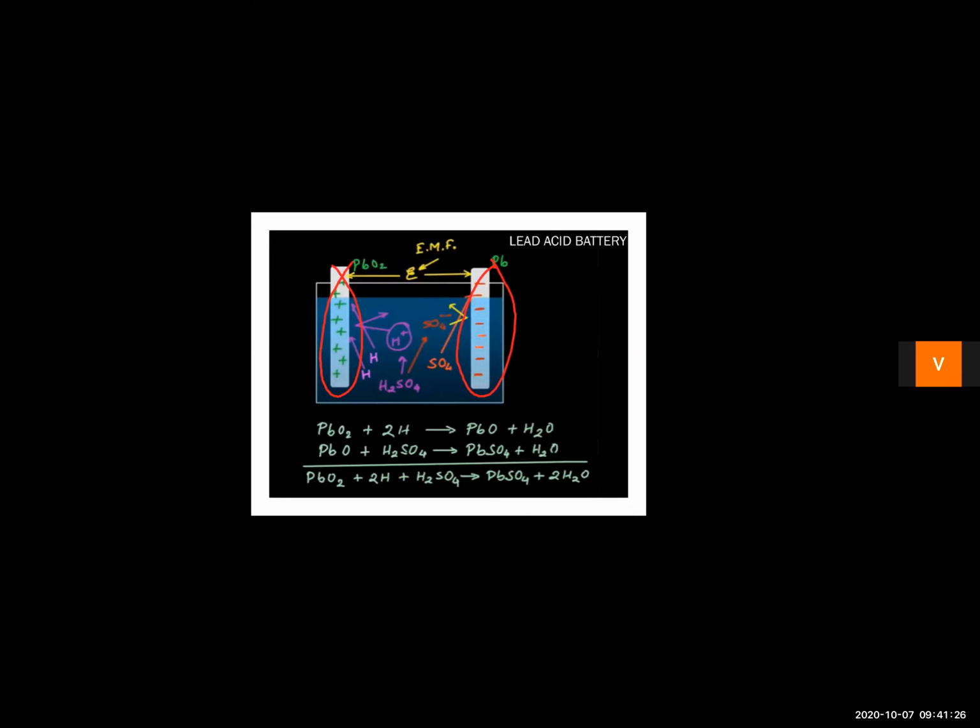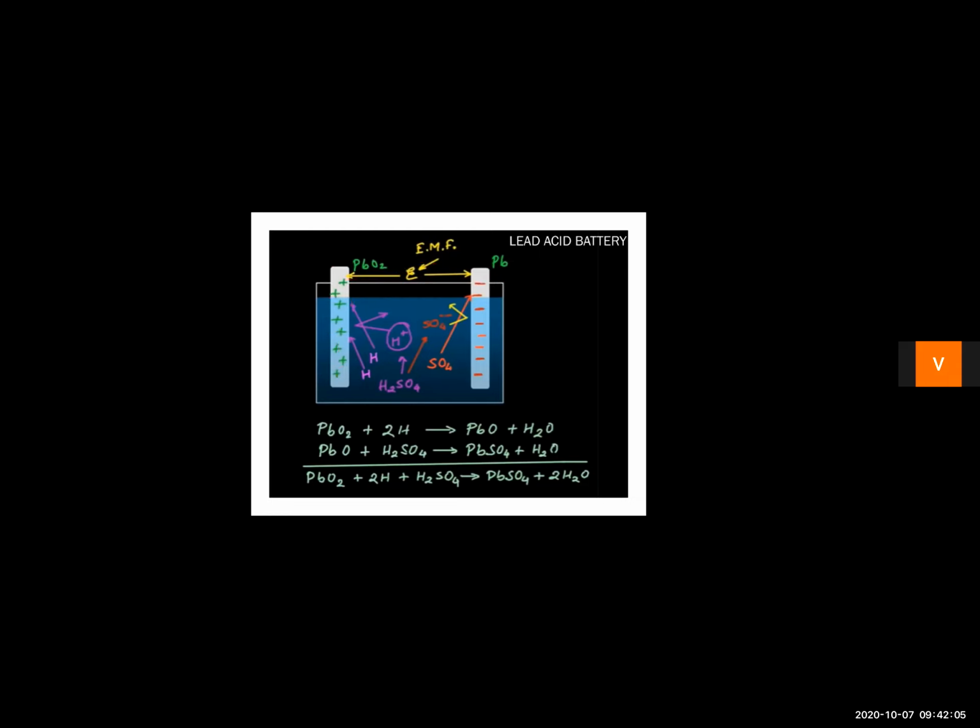Now, by this process, the charge gets accumulated, and due to the accumulation of the charge, potential difference is created between the two plates. And this potential difference keeps on increasing with the increase in the charge accumulation. जैसे charge यहाँ पे accumulate होता रहेगा, as the charge goes on accumulating, the potential difference between the two plates also goes on increasing.